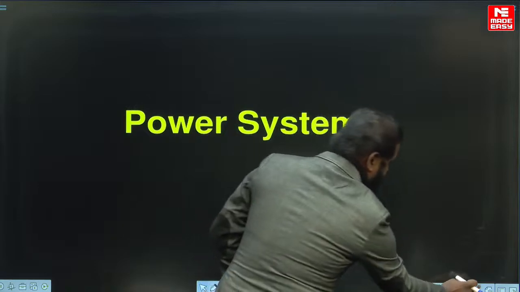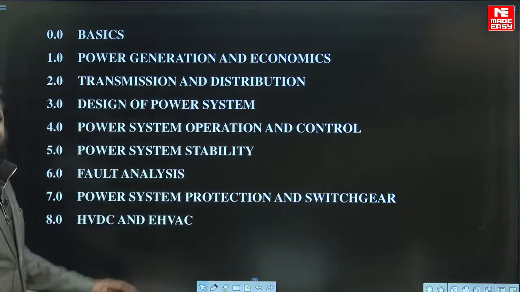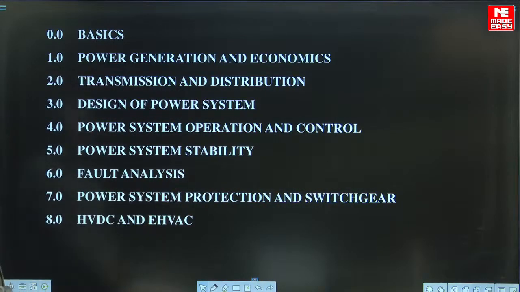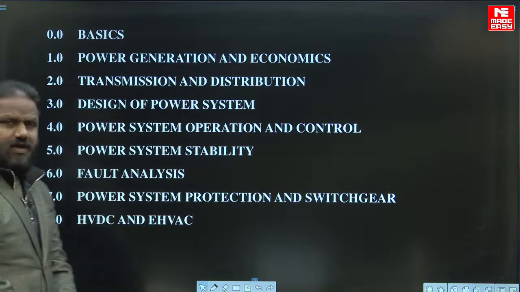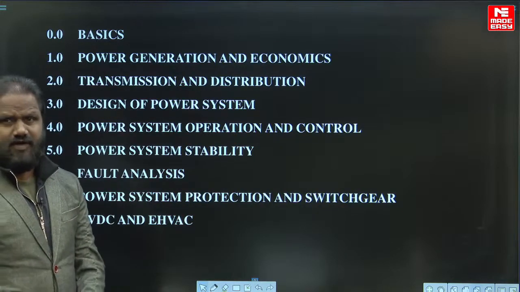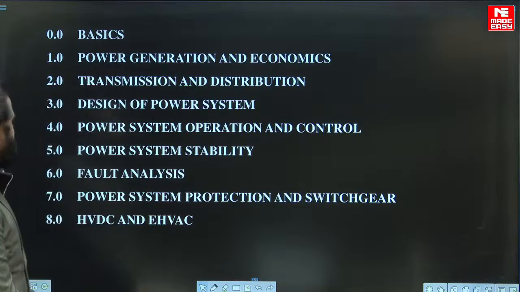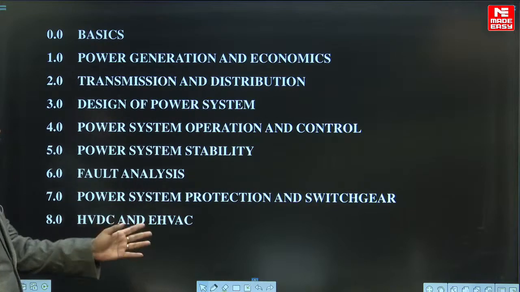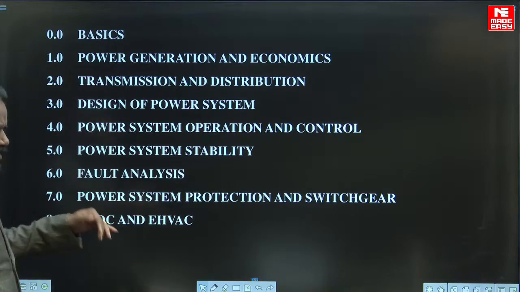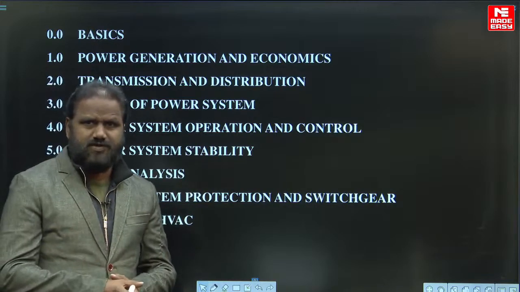Now let me introduce the content that comes in the power system. Certain basic principles are required, then power generation and economics: the generation of power and its economical features. Transmission and distribution is the next module: the generated power is transmitted and then distributed. Then design of power system: how to design the power system network.